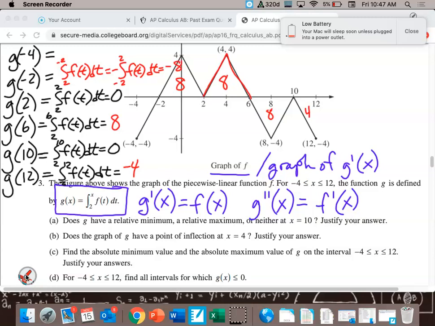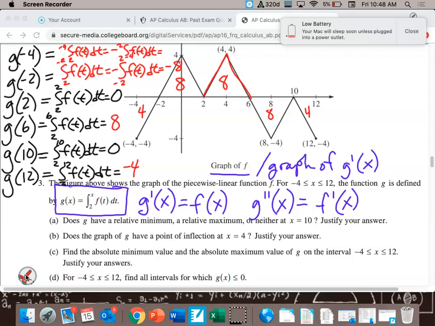Last one. So we have 2 to negative 4. This is negative the integral from negative 4 to 2. So from negative 4 to 2, this guy, that's a 4, but it's normally negative. So we'd have a negative 4 plus 8.